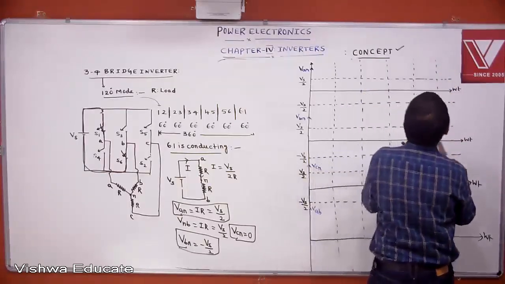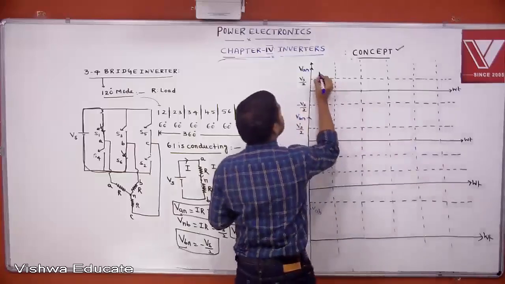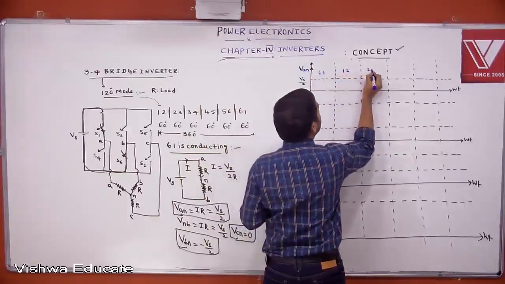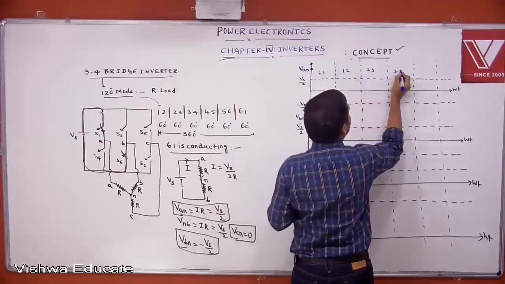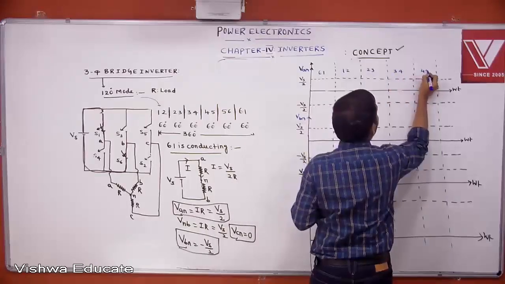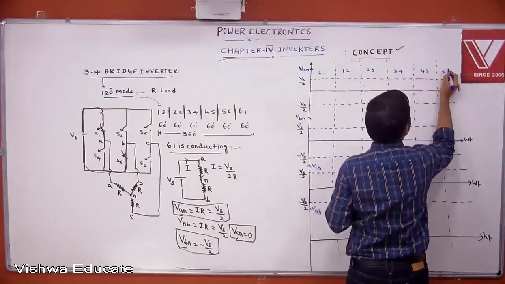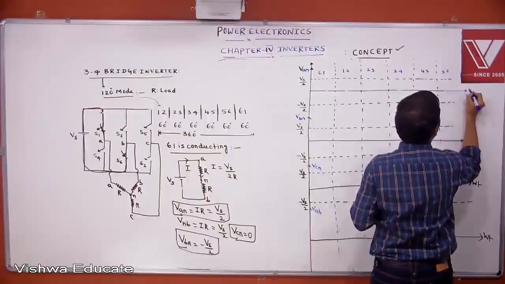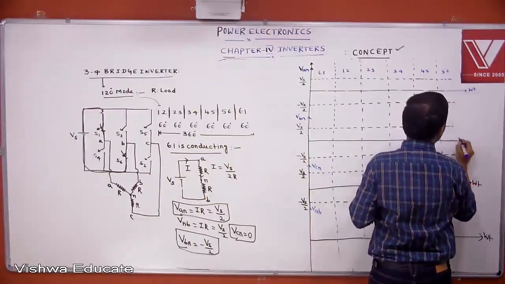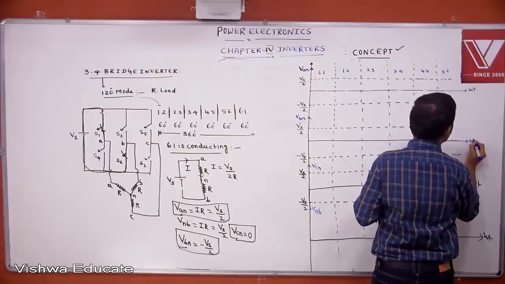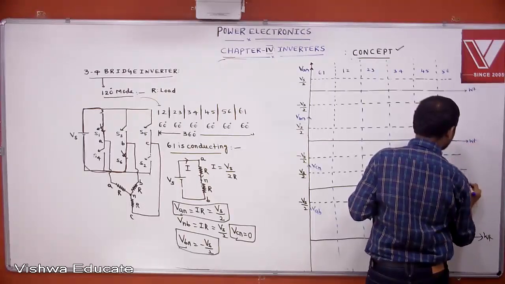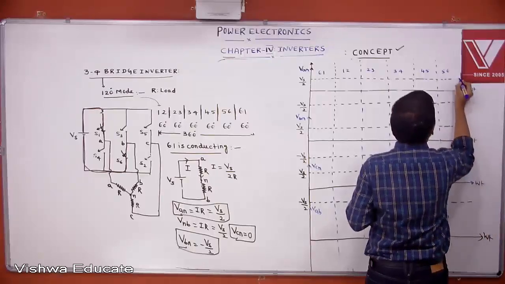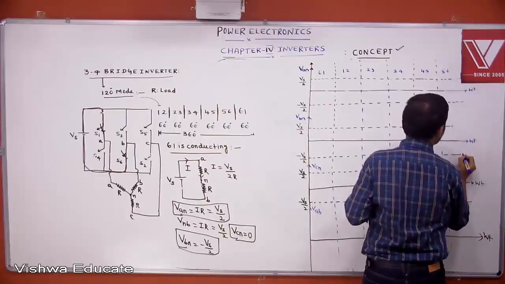This we are getting: 6-1, 1-2, 2-3, 3-4, 4-5, 5-6. This total is one cycle. Omega t. This total is one cycle. Omega t. Okay. Up to this you take.